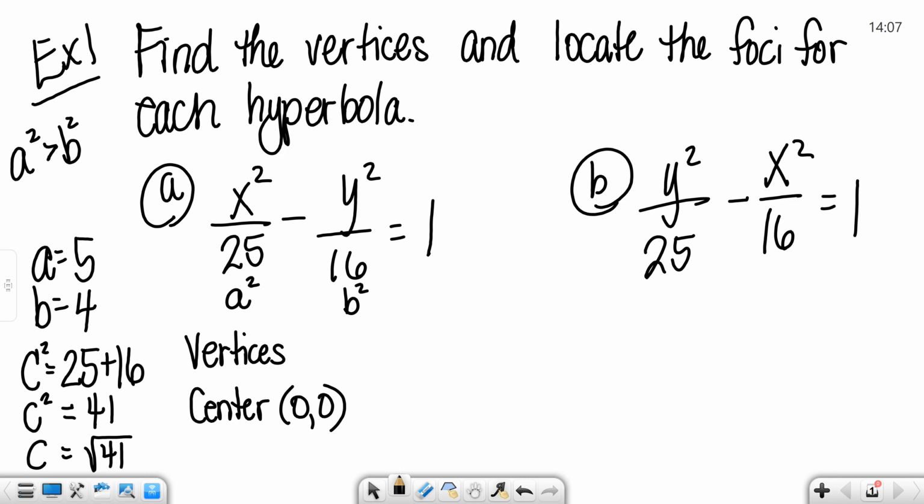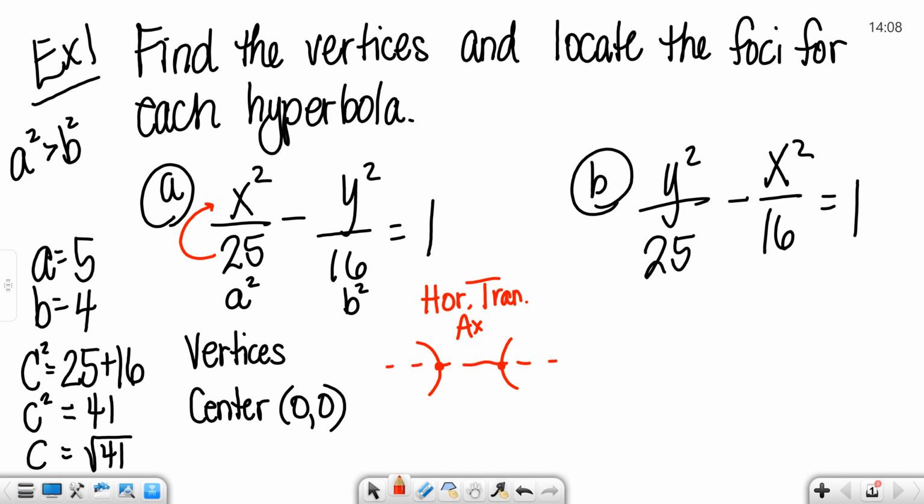Now before I can answer this, I need to know if my transverse axis is horizontal or if it is vertical. In this case, the a value is up under the x. That means it has a horizontal transverse axis. Okay, so it looks like this.